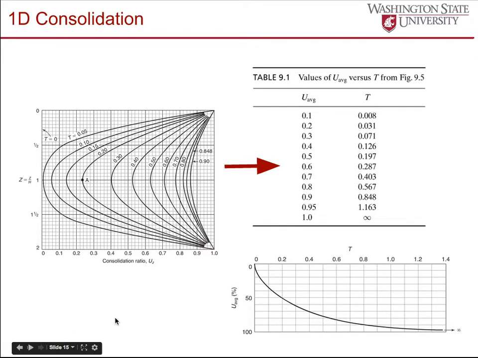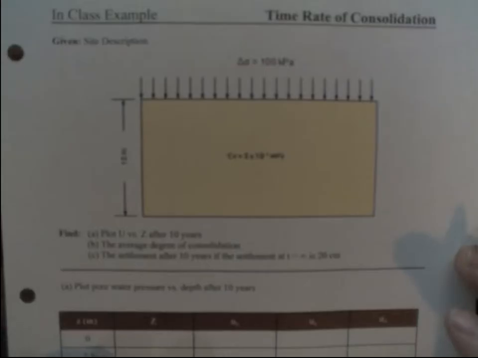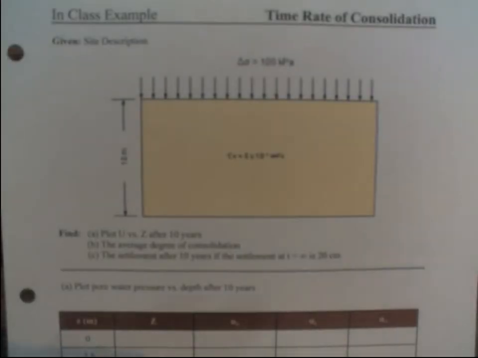So go ahead and look at your example, see if you can work through that a little bit, and then I will go ahead and work through that here. All right, now that you guys have made a valiant attempt at this problem, I'll go ahead and show you the correct approach. So here's our soil.